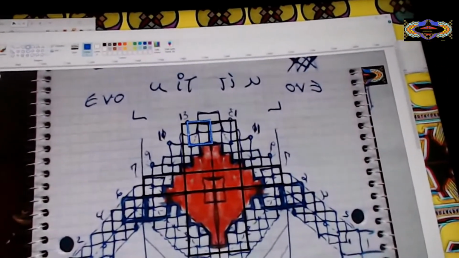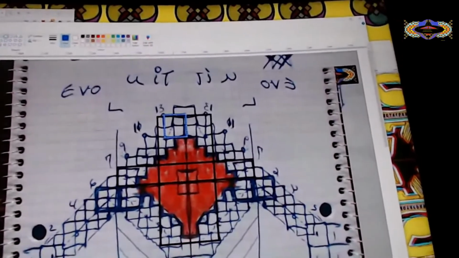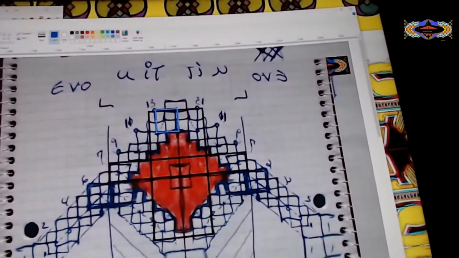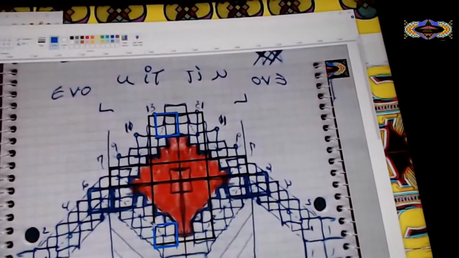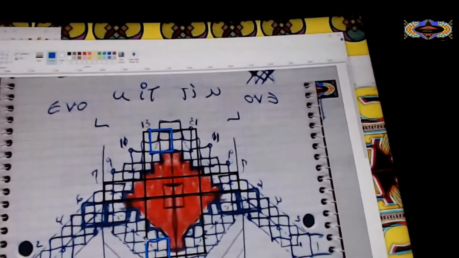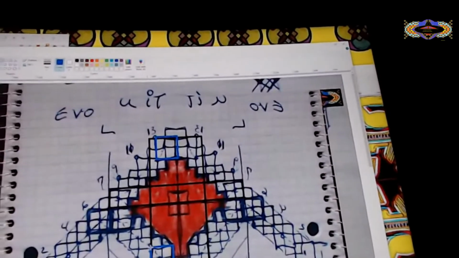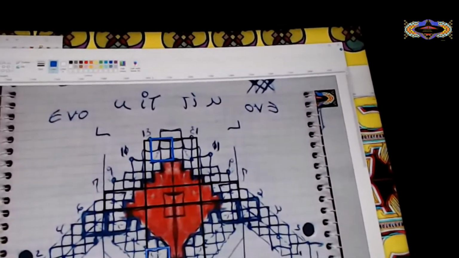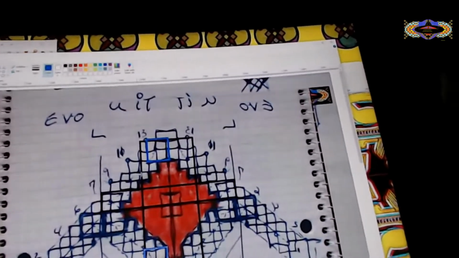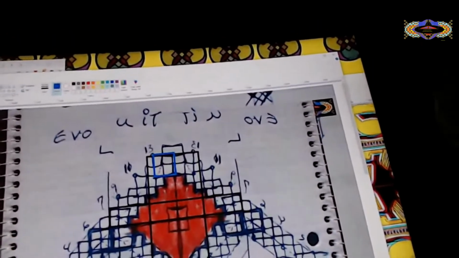Here's number 13. Okay, but this one over here is the M letter. Sorry, is it the M? Yeah, it's the M letter. 13, the 13th letter is the M letter. And in this alphabet, it's the same thing. But I don't seem to be centered properly.